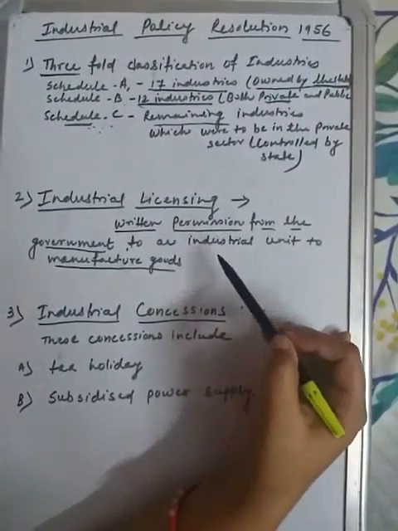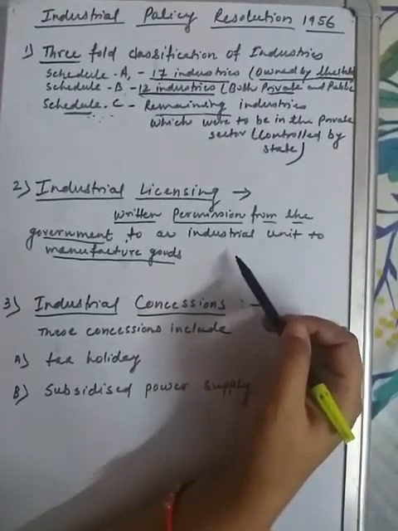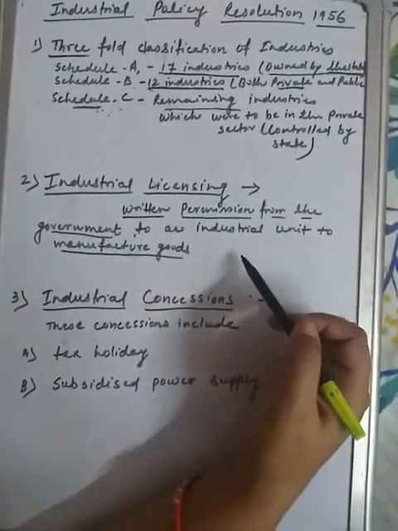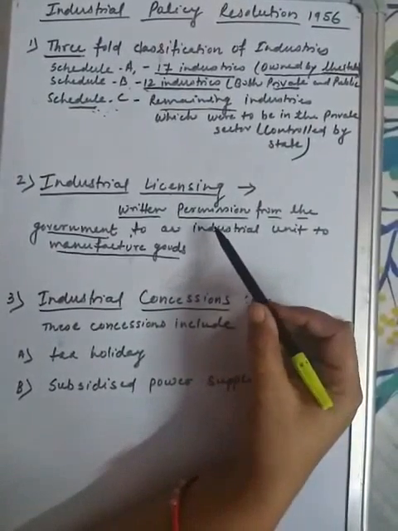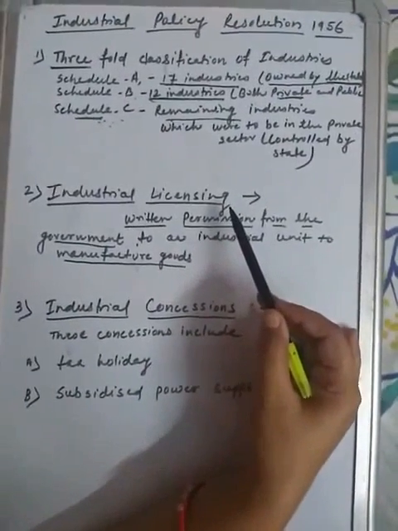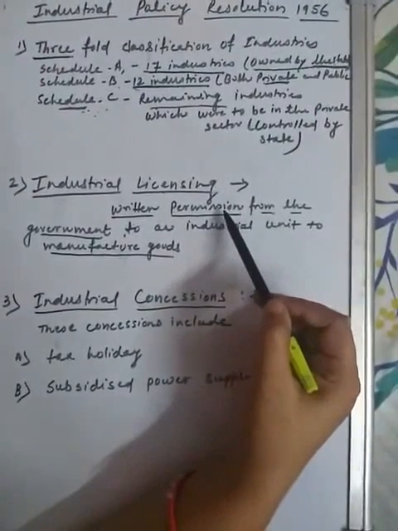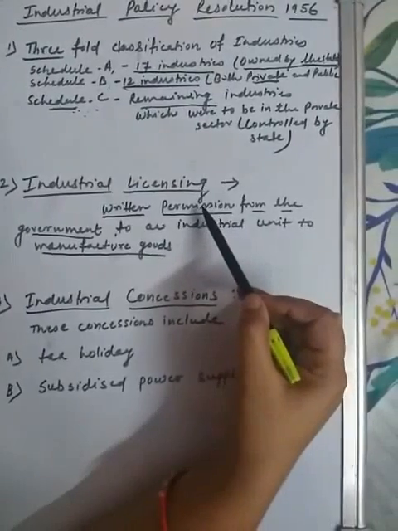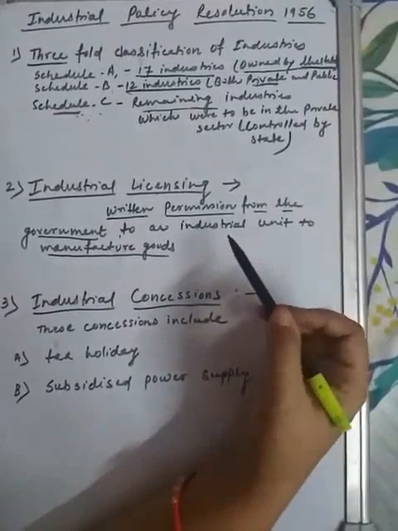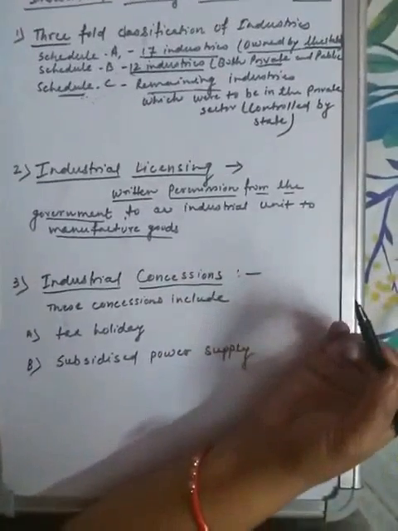Or if the industrialists want to diversify their product, in that case they have to take permission from the government in the form of a license. So basically there are three reasons where the industrialists have to take permission or license from the government: setting up a new industry, expansion of existing ones, and diversification of product.